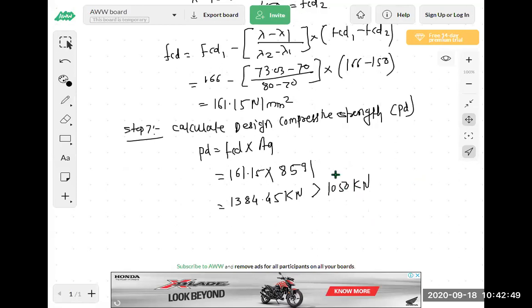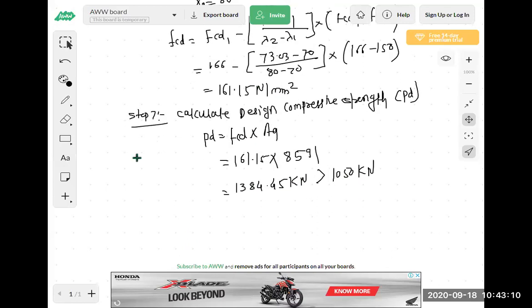Correct. The load coming on the column, factored load, is 1050. So greater than this value, whatever section we have provided, this section will carry this 1384.45 kilonewton load. So it means this value is greater than 1050.